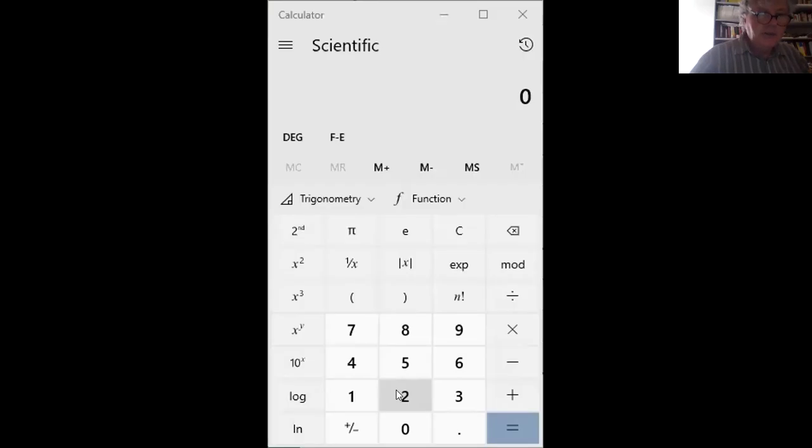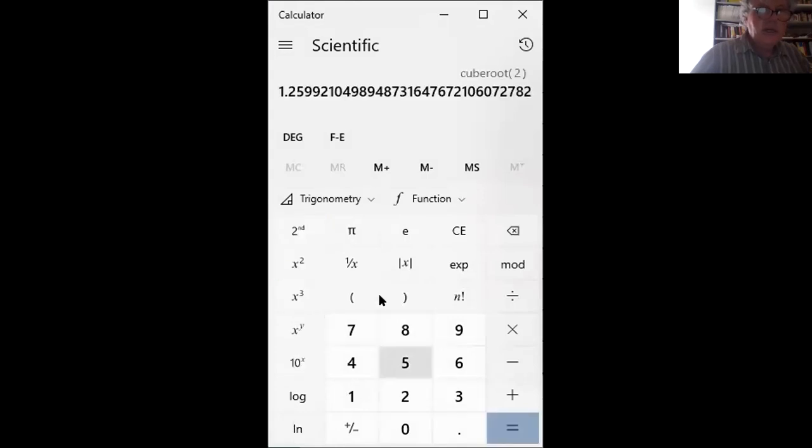Okay, so if I do the cube root of 2, it's actually a little bit less, 1.2599, which is less than what we found. Of course, it could be less because we didn't exactly hit the point.